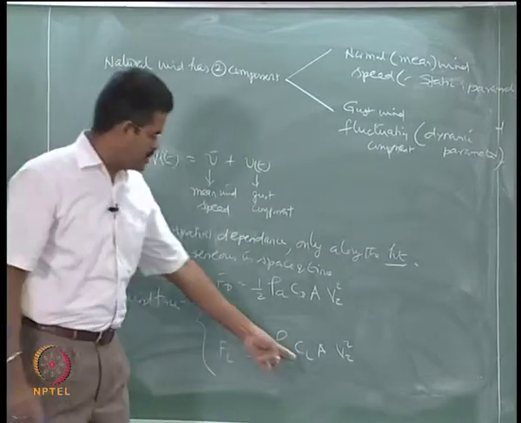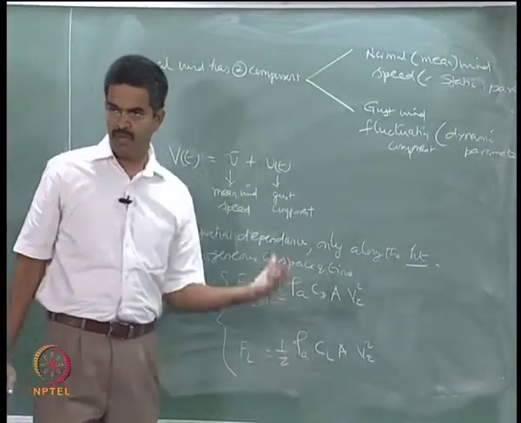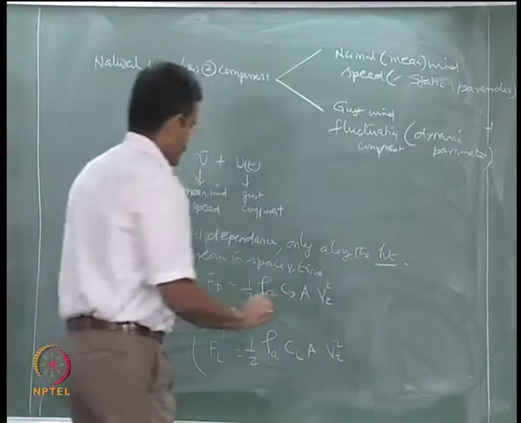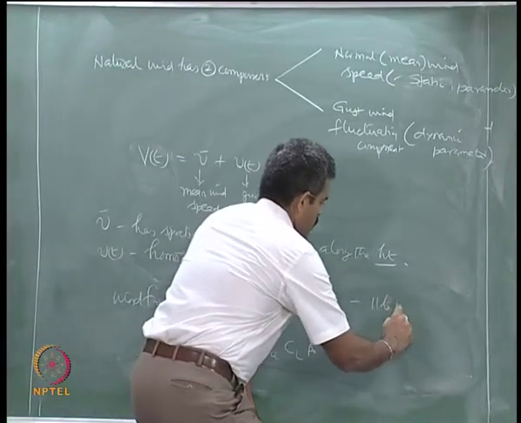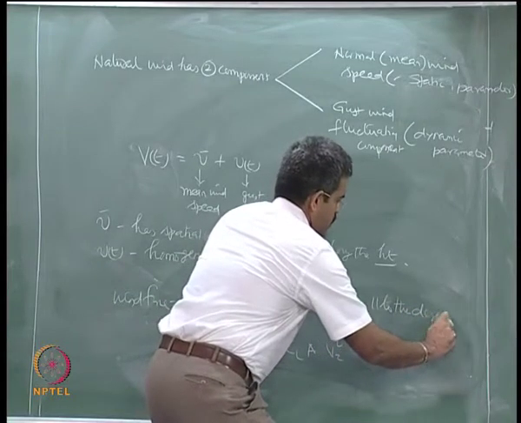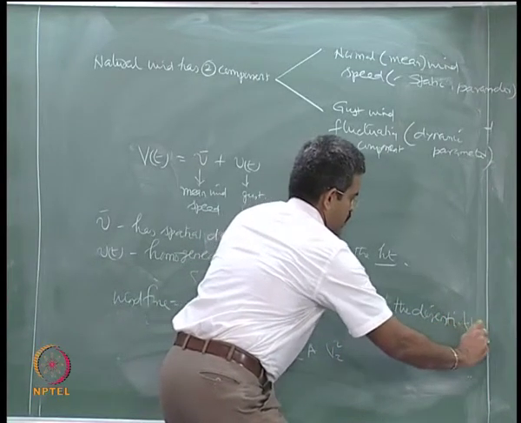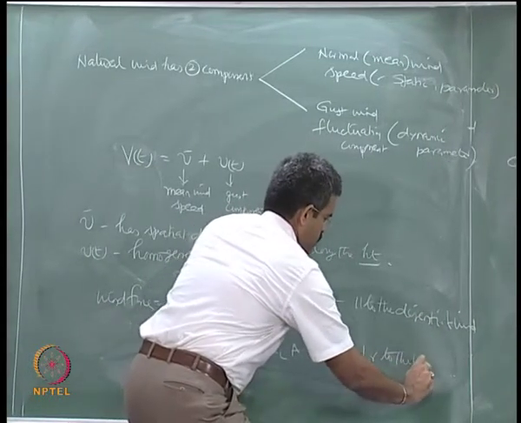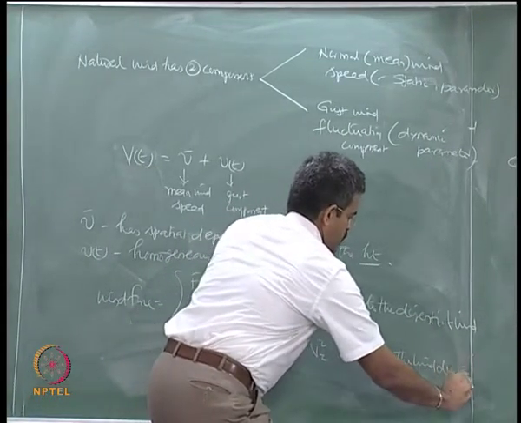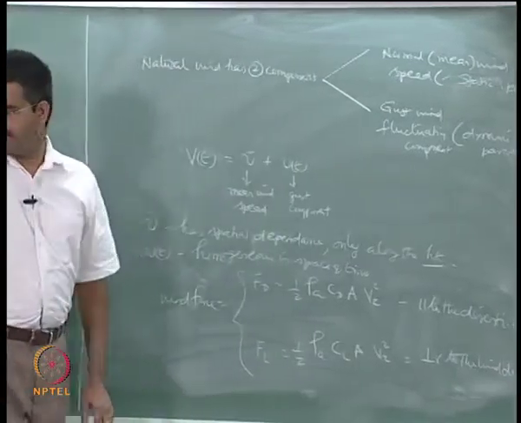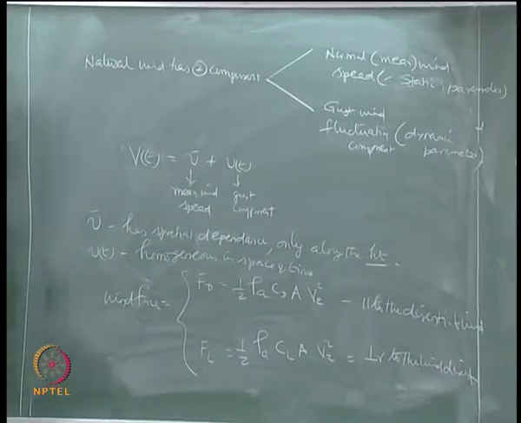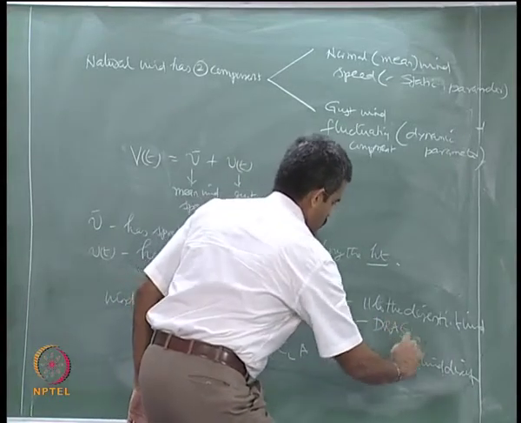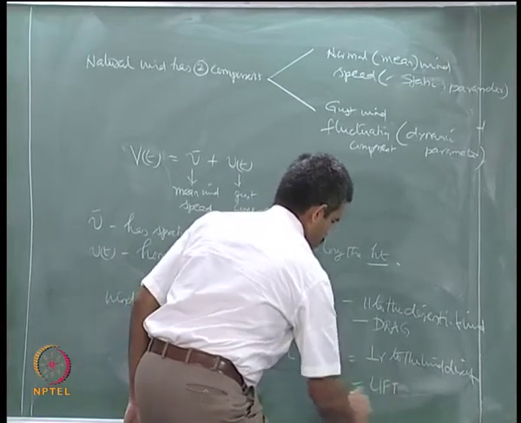The only variation is Cl and Cd, the coefficient is varying. This acts parallel to the direction of wind, this acts normal to the direction of wind. So, this is called drag force, this is called lift force.